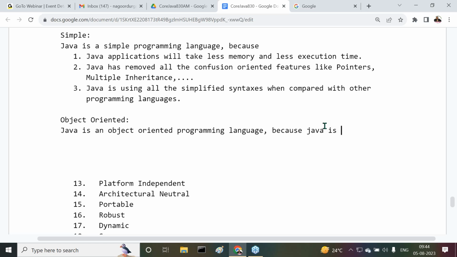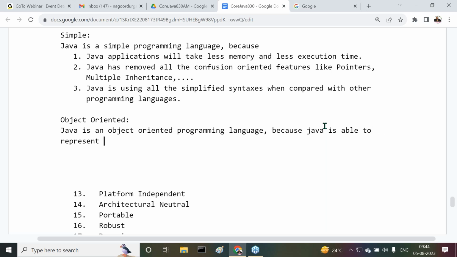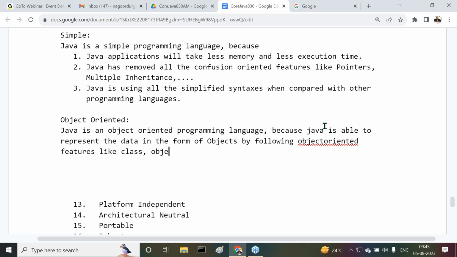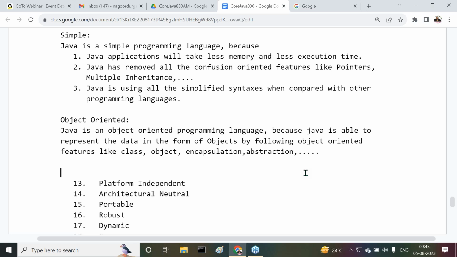Because Java is able to represent the data in the form of objects by following object oriented features like class, object, encapsulation, abstraction, and so on. Because of this reason, we can conclude that Java is an object oriented programming language. Right, sir? Then the next one is available.